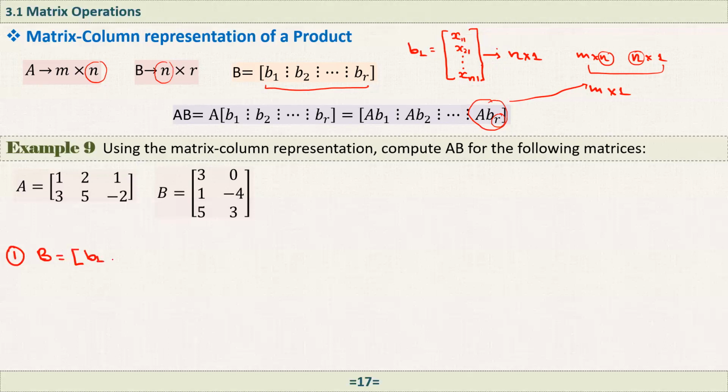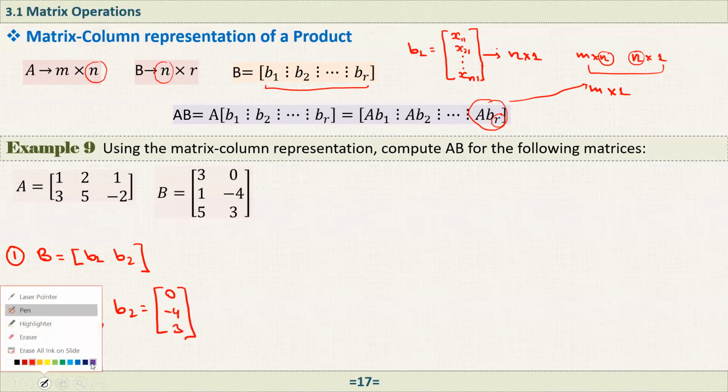Let's say this one is B1 and here we have B2, where B1 is 3, 1, 5, and B2, the second column of matrix B, is 0, -4, and 3.